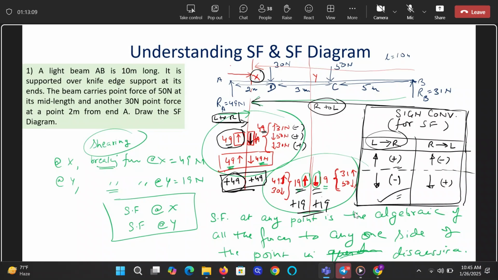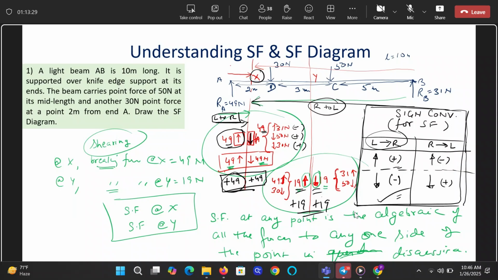Do you agree? Okay, right, guys? We'll go from left to right, correct? And when we go from left to right, upward forces are positive, downward forces are negative. So it makes it easier, because it is easier to remember, easier to implement.